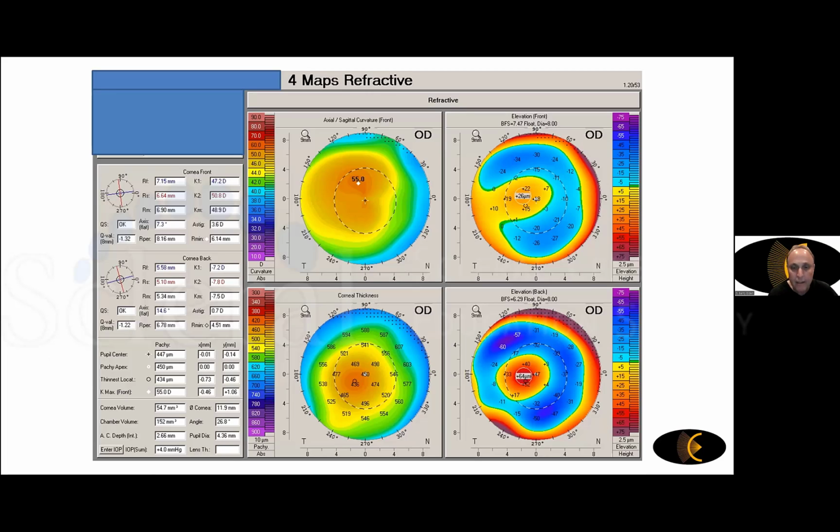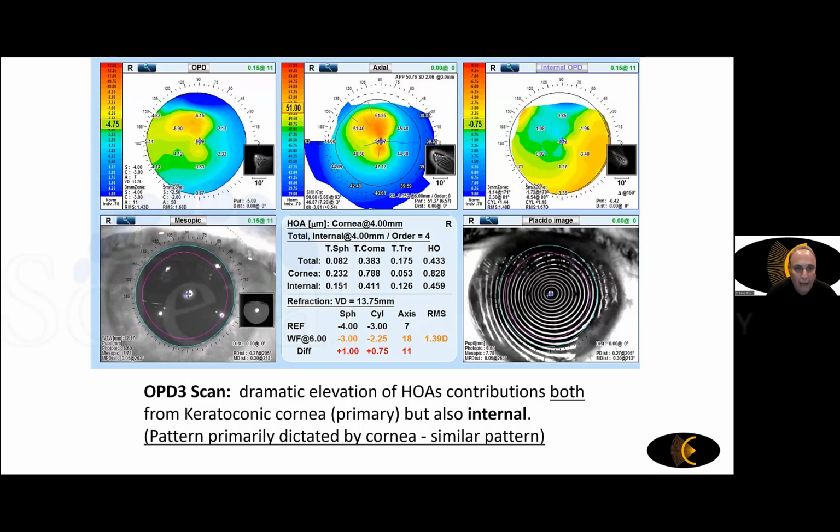Here we can see his tomography. Nothing unusual as a keratoconic, fairly well-centered apex of the cone, moderately steep, mildly thin, not too excessive. But here we can see integrated aberrometry using the NIDEK OPD system. And what we see is an elevation of high order aberrations that's contributed both by the keratoconic cornea, but there's also internal elevation of high order aberrations.